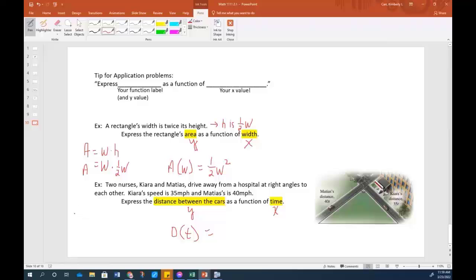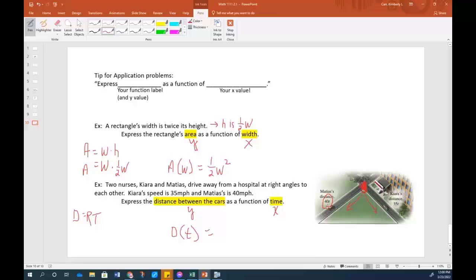In general, distance is equal to rate times time. Now they drove away from the hospital, which over in this picture is at that intersection, and they are headed different directions. But I know that as Matthias travels, and it says it right here, it is 40 miles per hour, so it's 40 times t.